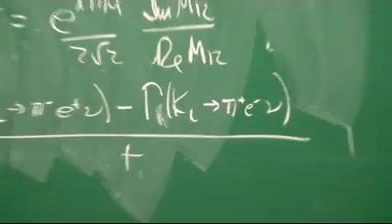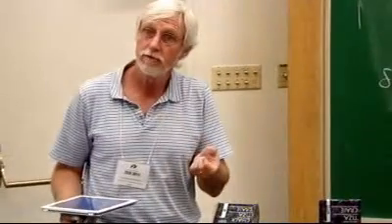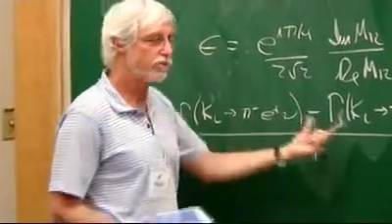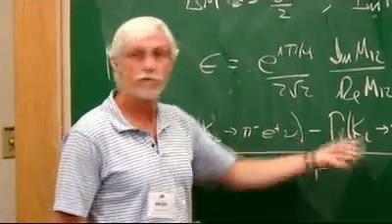You can think of this as the K long oscillating into a K0, which can decay one way, or into a K0 bar decaying into the charge conjugate way. And if the amount of K0 and K0 bar is different in the K long, this will measure that.